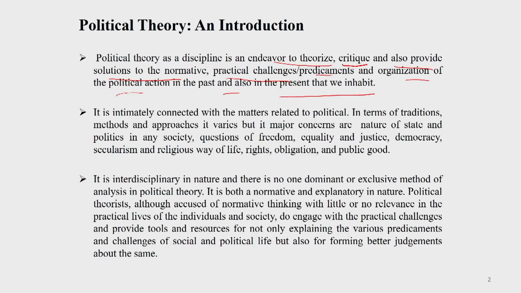So, the task of political theory as a discipline is to theorize, that means to make sense of, to explain, to interpret the social events or the social political issues or challenges, and not just provide the theory of it, but also enable us to critique some of the status quo and provide the alternative which should be more just, more desirable, and that will make our life more human and so on.